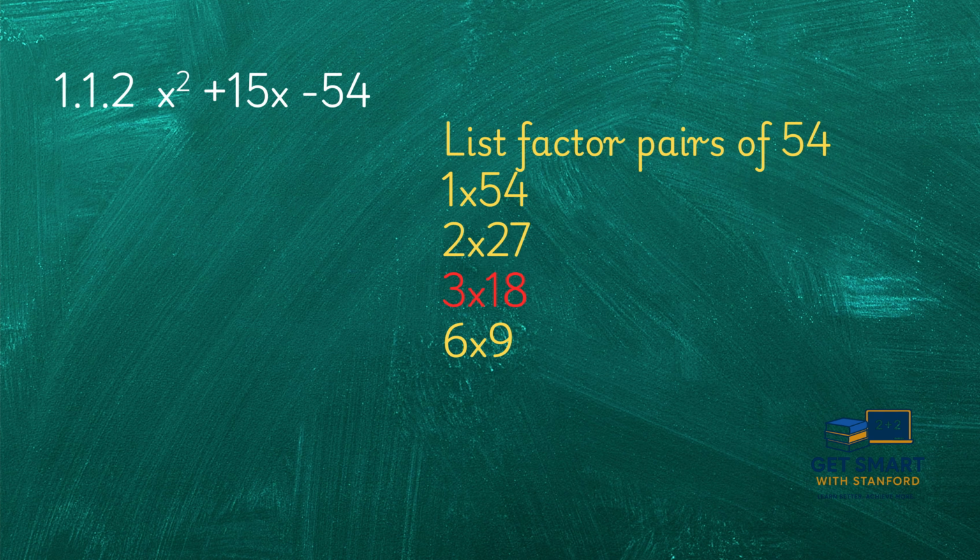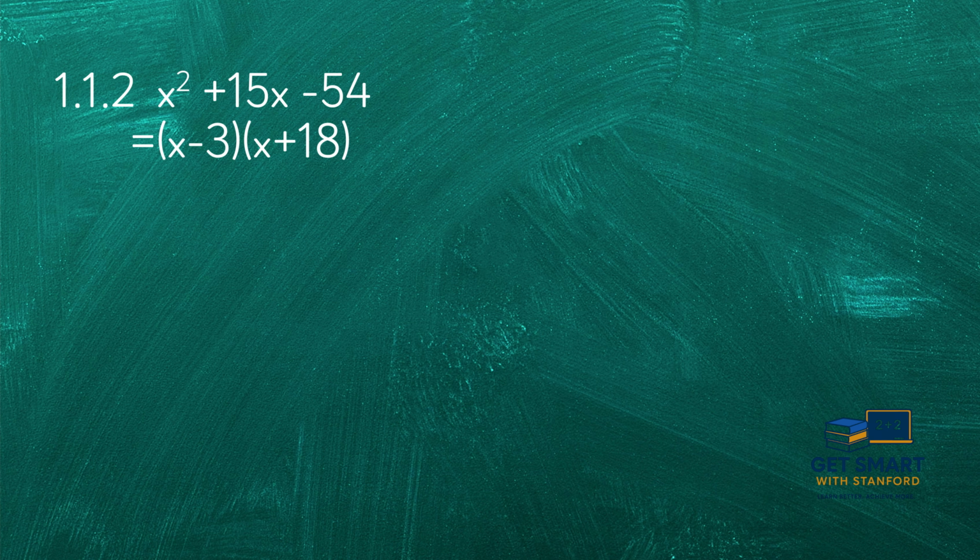On the screen are the multiples of 54, and those that suit the expression are 3 and 18. This is simply because when 3 is subtracted from 18, the difference is 15, which is our middle term. And when multiplied by 18, the product is 54. So our factors are x minus 3 and x plus 18.